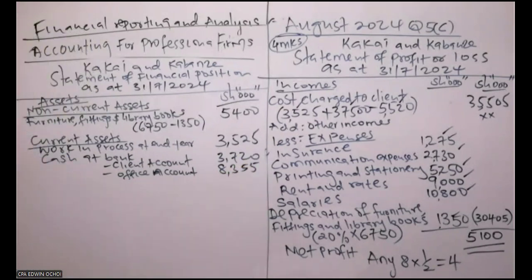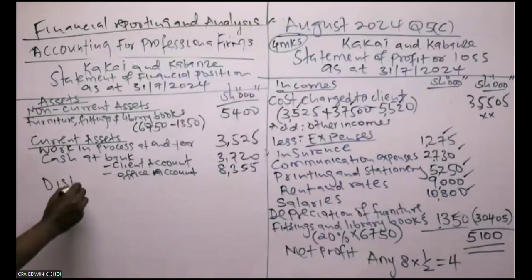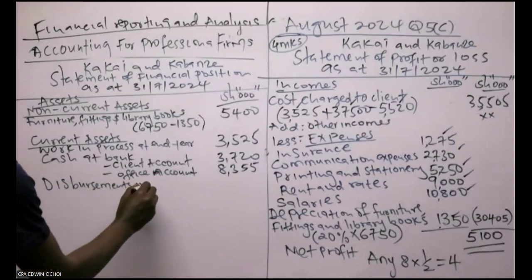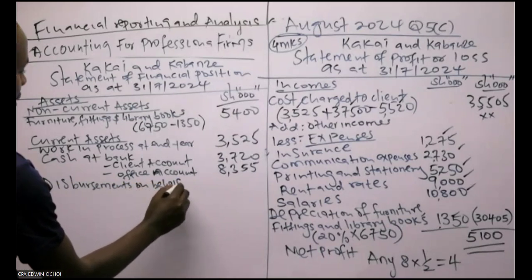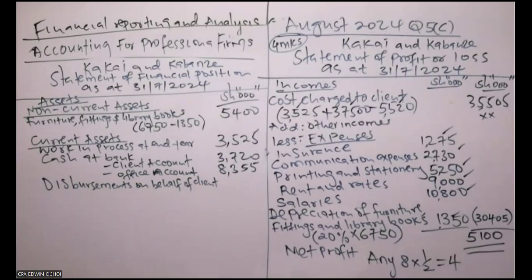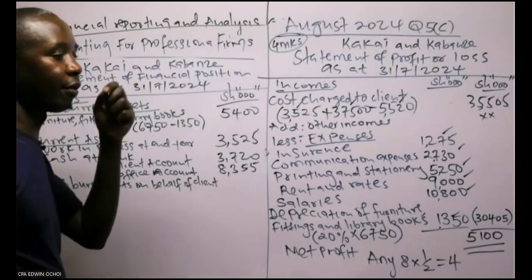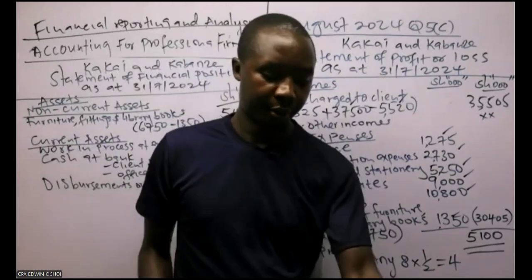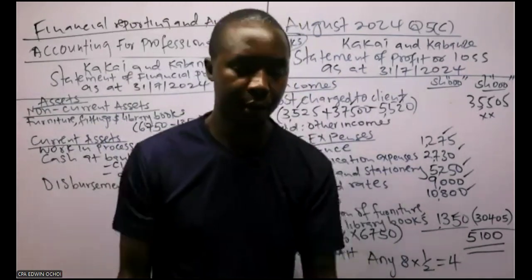Then again under the trial balance, there's a disbursement. I already explained that disbursements on behalf of clients are a current asset. The payment made on behalf of the client is your money as the firm. The client will pay, so that is an asset to you.